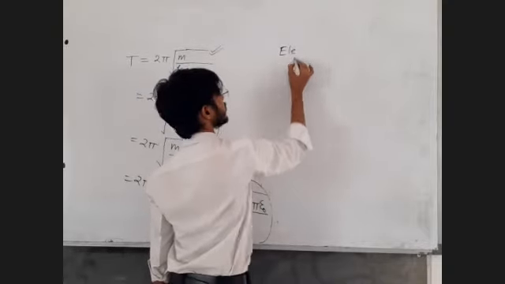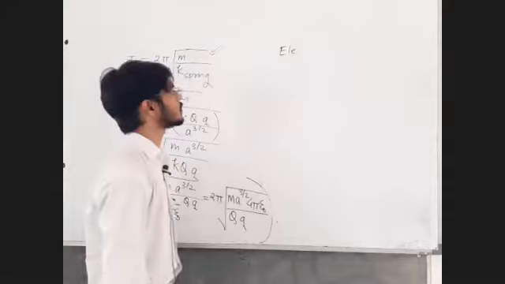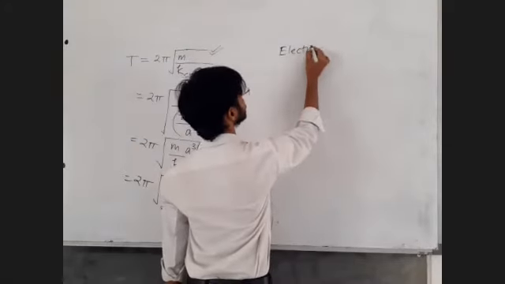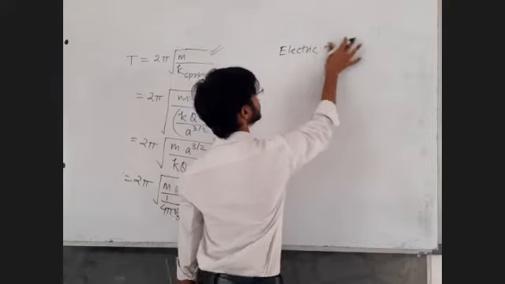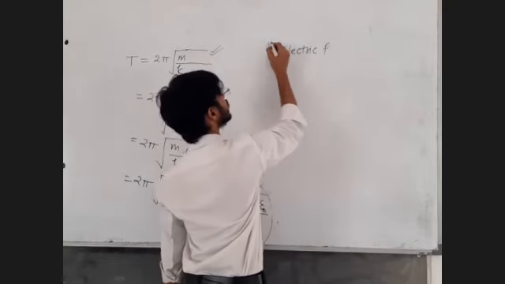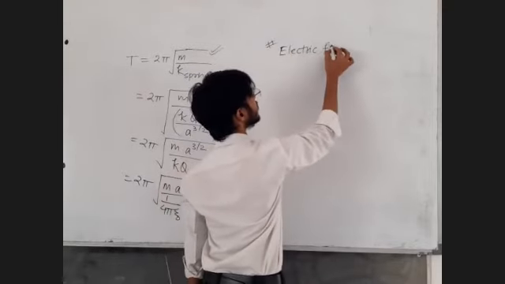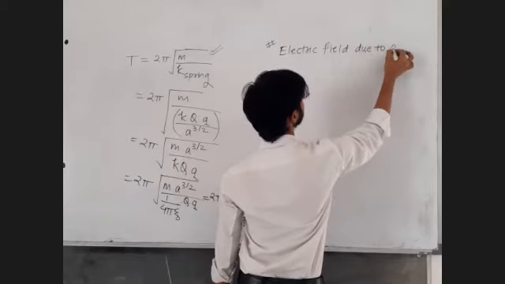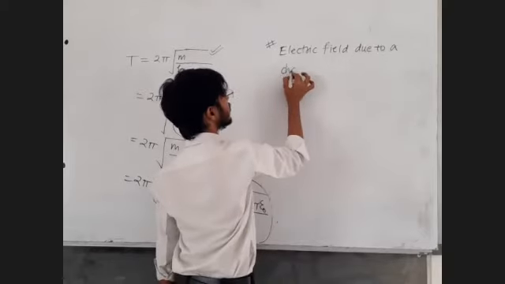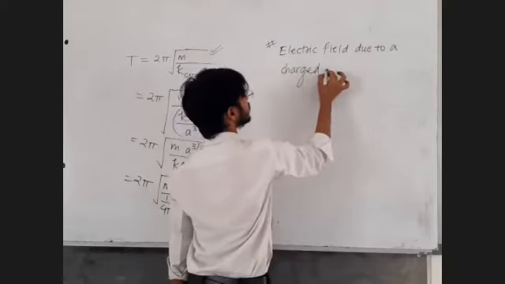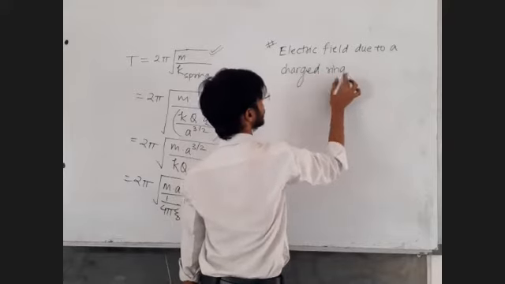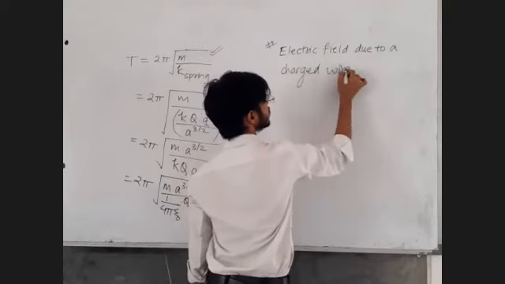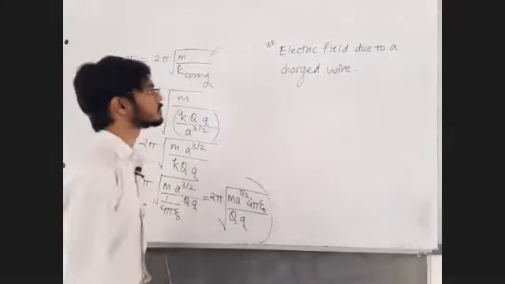Now we are learning the electric field formula due to a straight line. New point: electric field due to a charged wire, straight line.